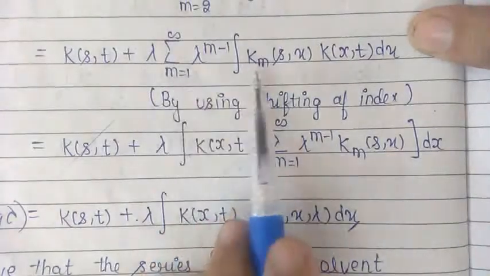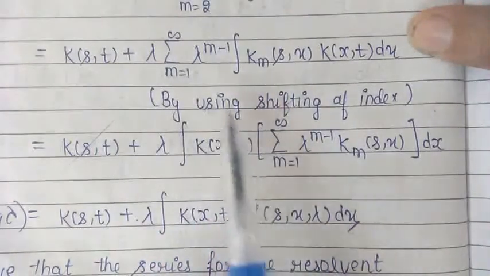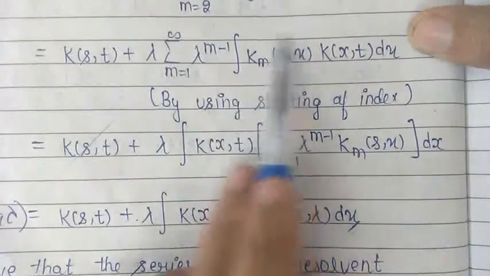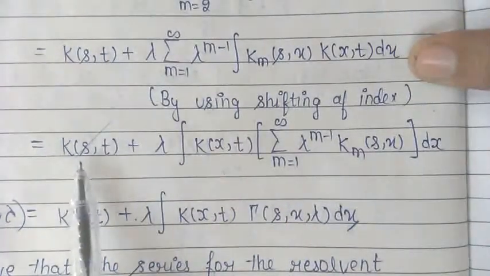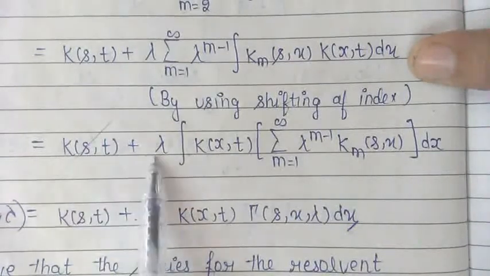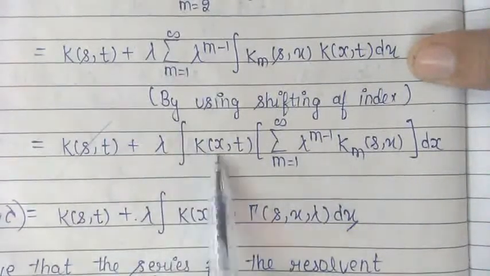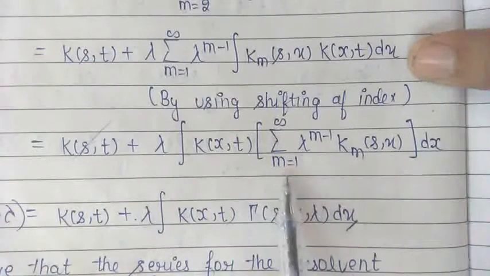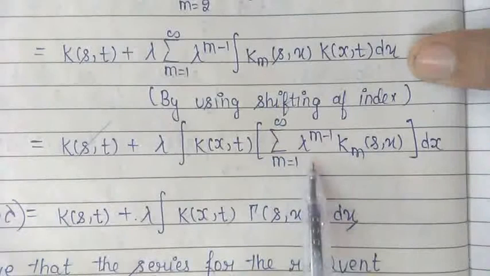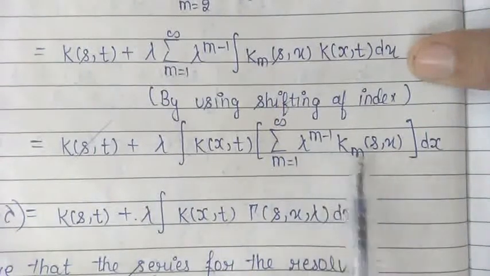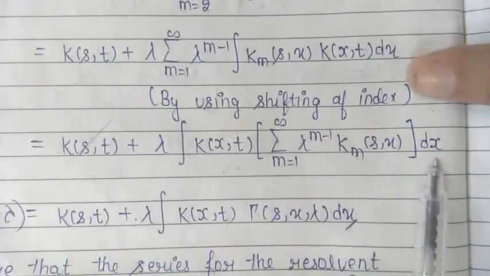So by changing the order of integration and summation, we get the value of the resolvent kernel, which is K(s,t) plus λ integral K(x,t) into the series summation m varies from 1 to infinity λ raised to the power m minus 1 K_m(s,x) dx.